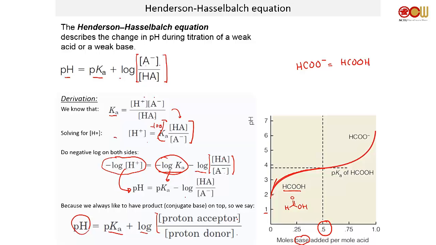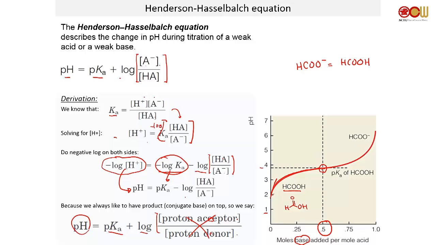So you go back and you look at your Henderson-Hasselbalch equation. If the top and the bottom are equal, essentially you cancel this out. The log disappears. Log of 1 is 0. The pH then is going to equal the pKa, okay?